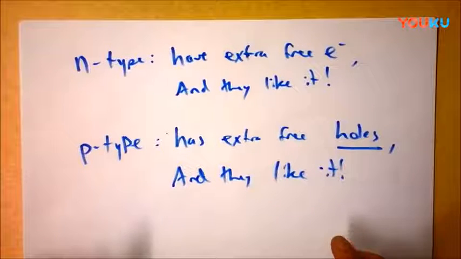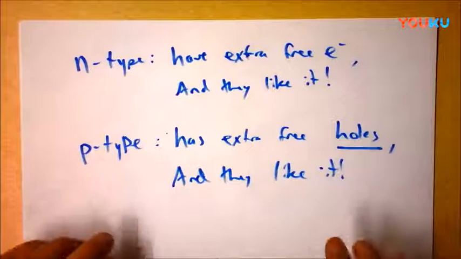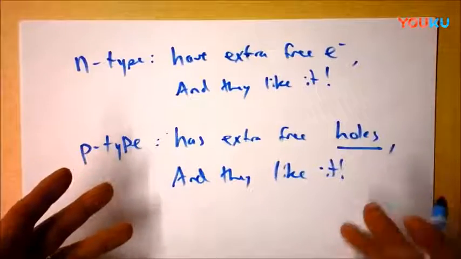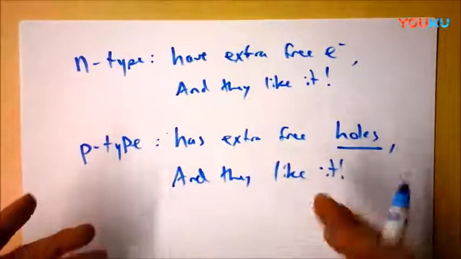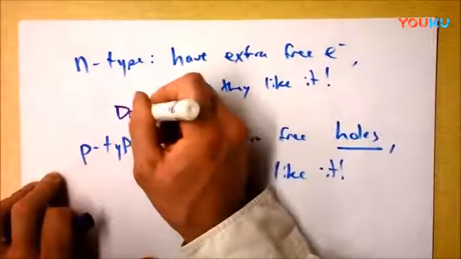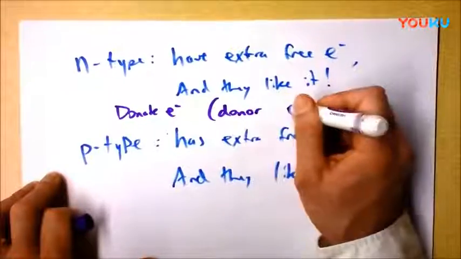Okay, so holes are given by acceptor impurities. So for instance, arsenic or germanium. And free electrons are given by donor impurities, because these guys donate electrons. And so they're called donor impurities.